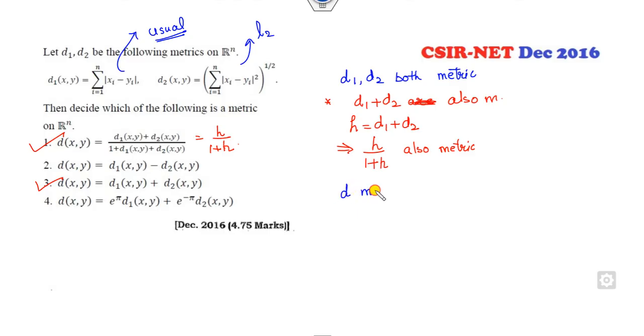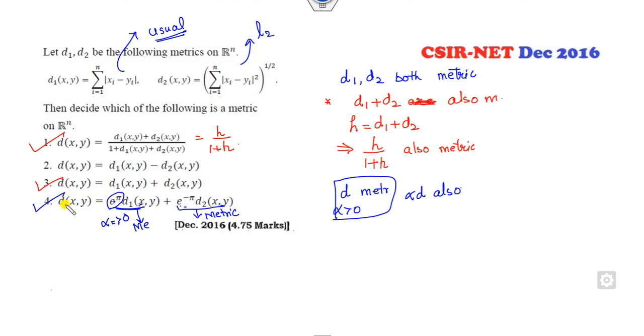If D is a metric and alpha is a positive number, then alpha D is also a metric. And you can see e raised to power pi is my alpha, which is greater than 0. So this is a metric. E raised to power minus pi is also a positive number, so this is also a metric. Sum of the two is also a metric.